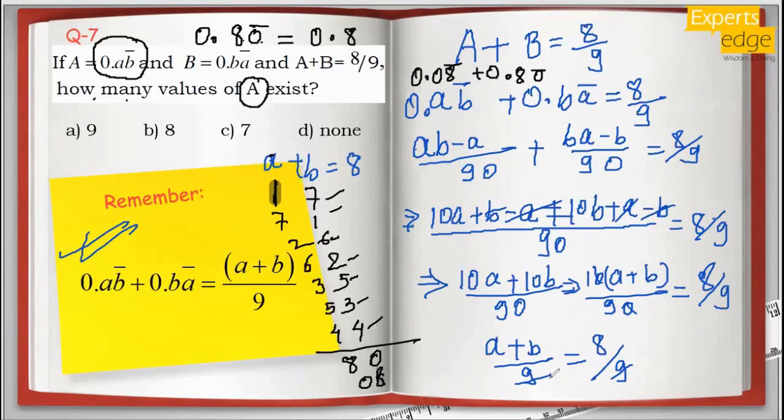So out of these two values, you cannot take this one. But 0.08 is pretty much okay. That means 0.08 bar is a proper number, that is 0.088888. So the answer of this question will boil down to 1 2 3 4 5 6 7 and 8, right?